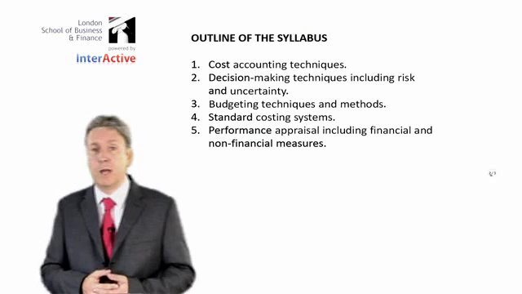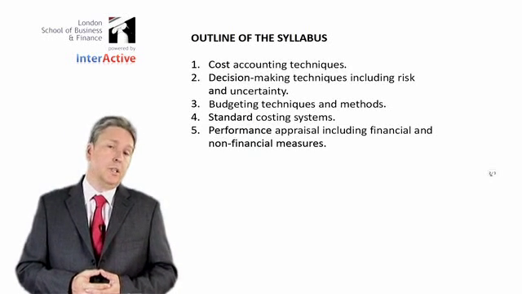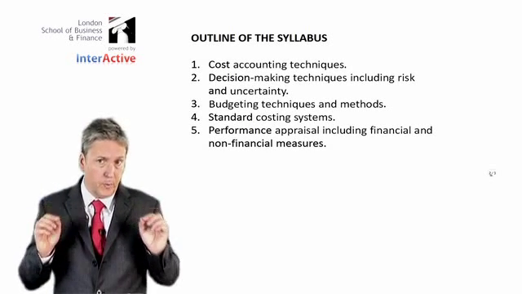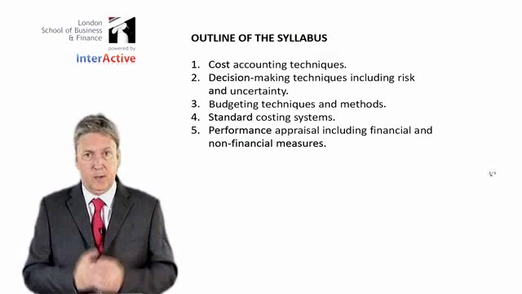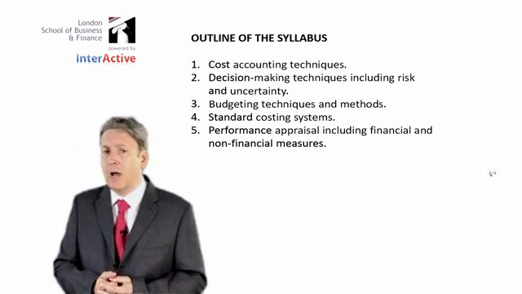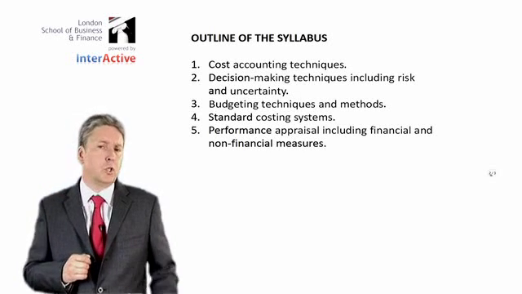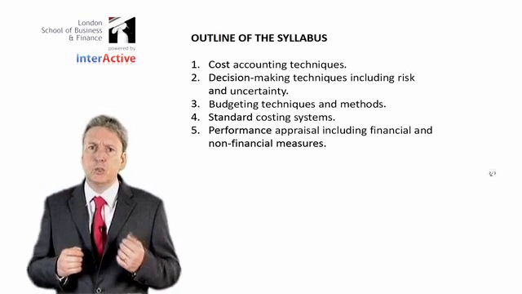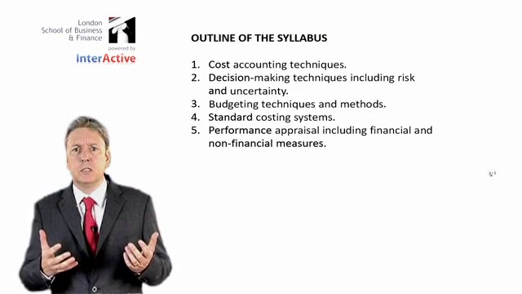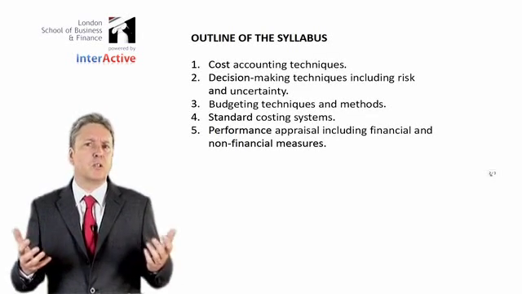Secondly, we have decision-making techniques. Decision-making is the single biggest core area in this paper. Not only do you have the basic relevant cost analysis, but you've also got your marginal costing applications, things like break-even analysis, possibly limiting factor, that sort of thing.